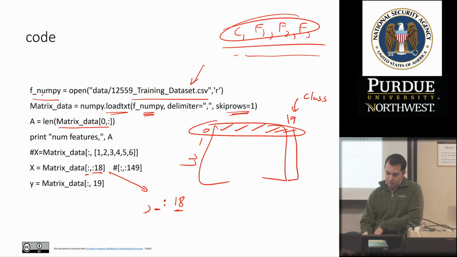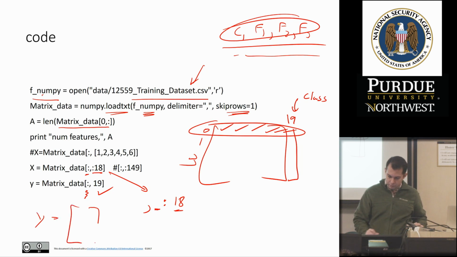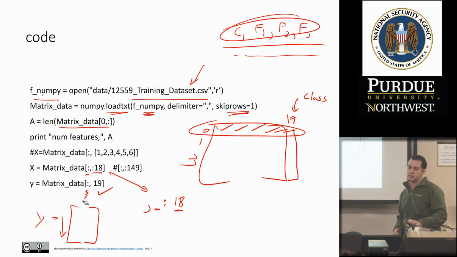So basically we tell it all rows and column 19. So y is going to result in one vector going down like that, right? With just one column for the classes. Make sense? Any questions? No? All right.